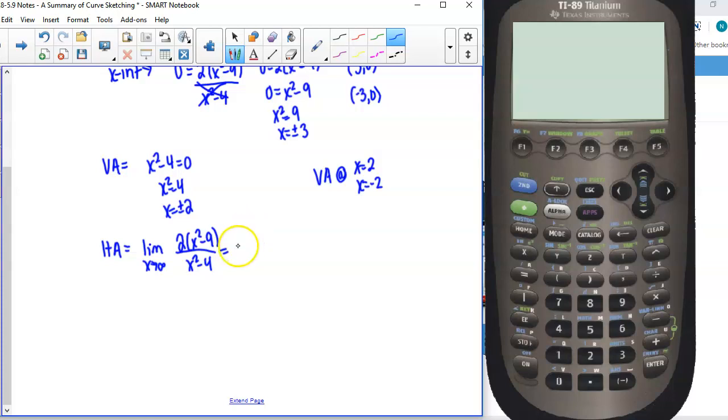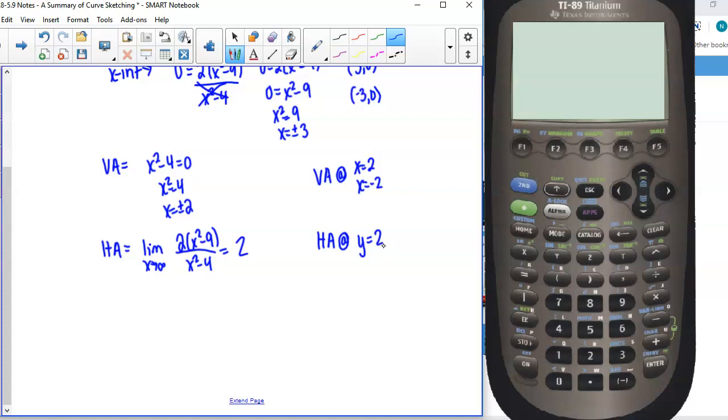It'll be 2, because you've got same exponents on top and bottom. So just 2 divided by 1 gives you 2 for that. Okay, so we have a horizontal asymptote at y equals 2. This is all good information that helps us graph our equation.